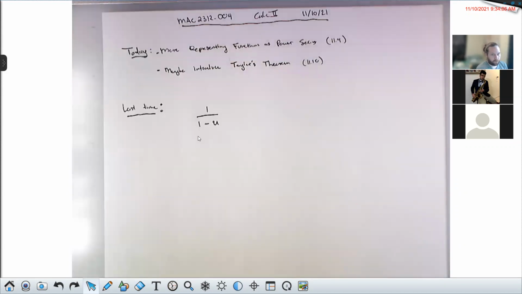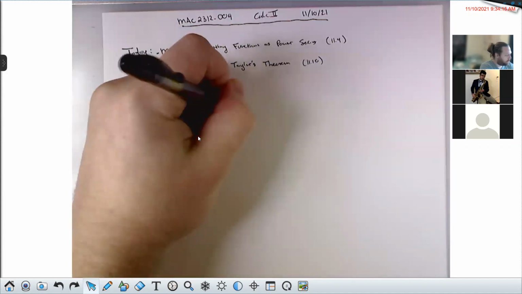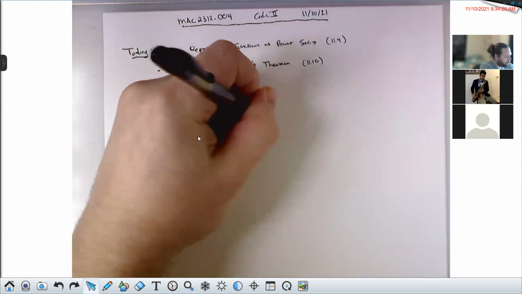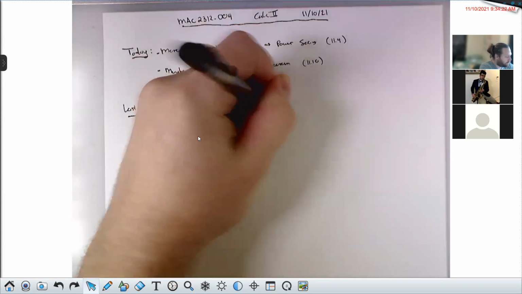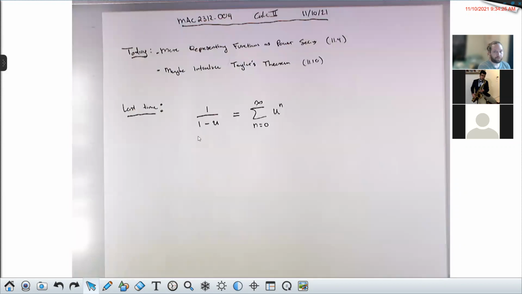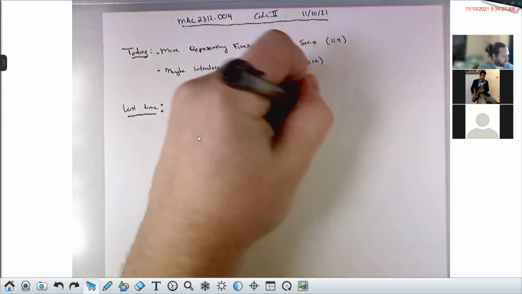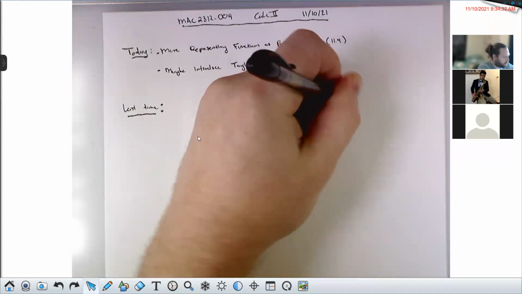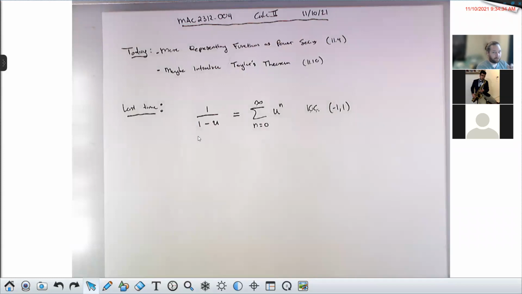I'll use the variable u in all of these because the idea is that if you memorize these, you can then get new power series by plugging into them. 1 over 1 minus u can be written as sigma n from 0 to infinity u to the n. And this fellow has IOC -1 to 1. So he will converge if u, whatever you're plugging in here, is between -1 and 1.